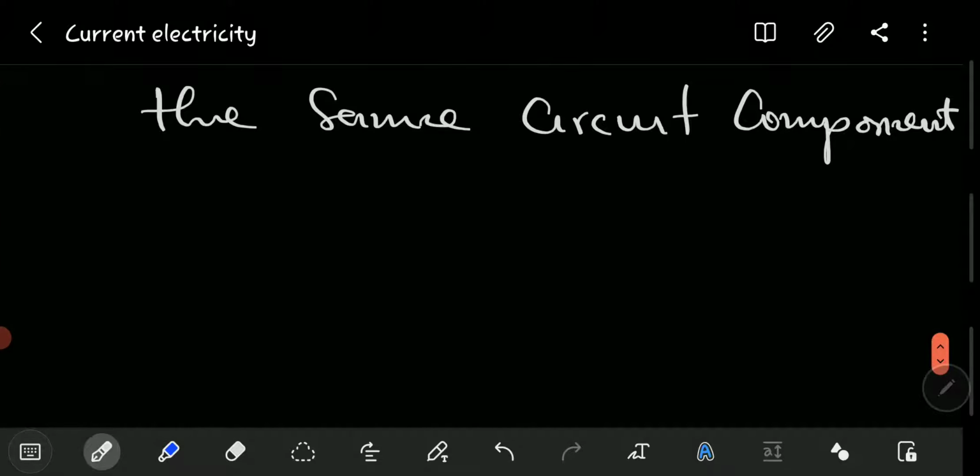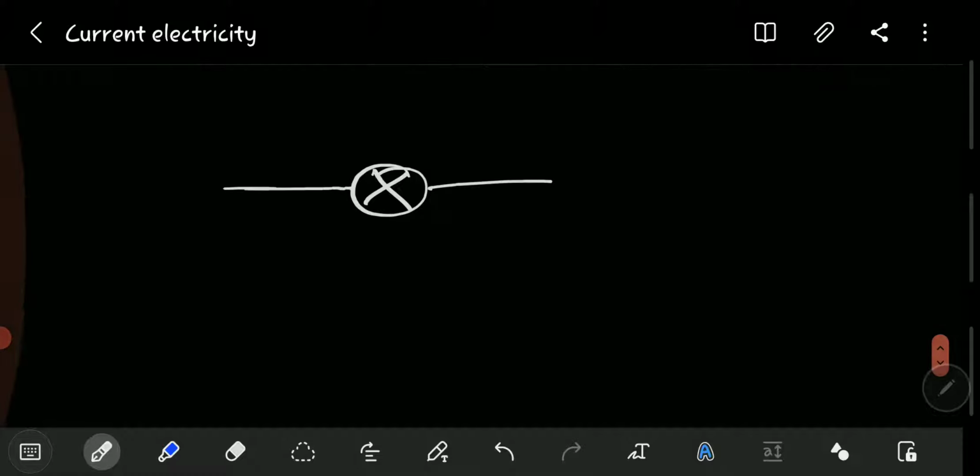Now, what do I mean? If I have a lamp there, these are the terminals of a lamp. Now, if I have a resistor, this is my resistor, and these are the terminals of the resistor.